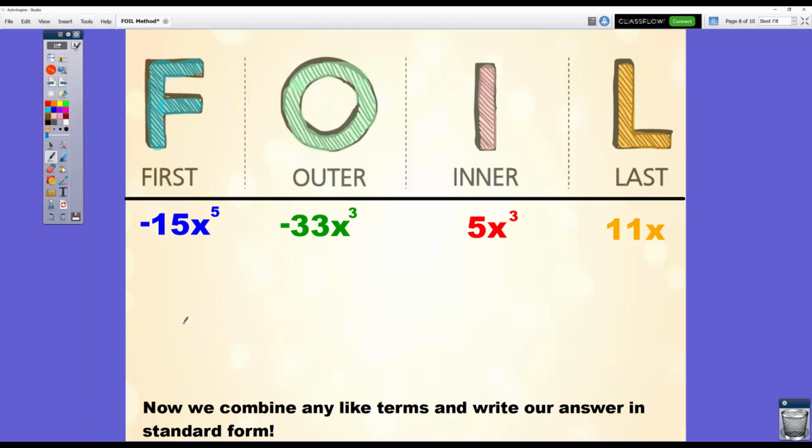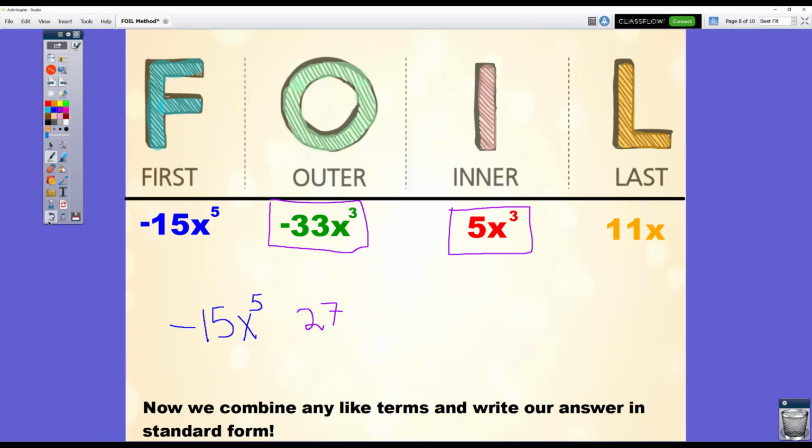Now we combine any like terms and write our answer in standard form, with the largest or highest degree term out in front, so negative 15 x to the power of 5. We're going to go ahead and combine these two right here. Combine them together, different signs, gives us 27.